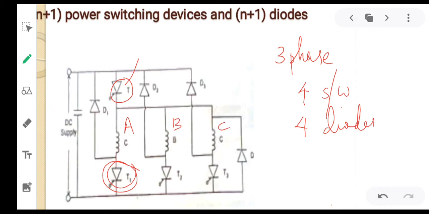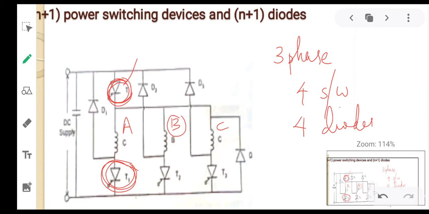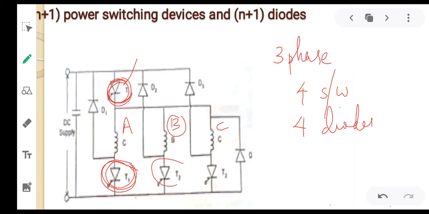If you're considering phase A, in order to turn on or excite phase A, you have to turn on this T and T1. Now in order to excite phase B, T again has to be turned on as well as T2. Now in order to excite phase C, again T as well as T3.